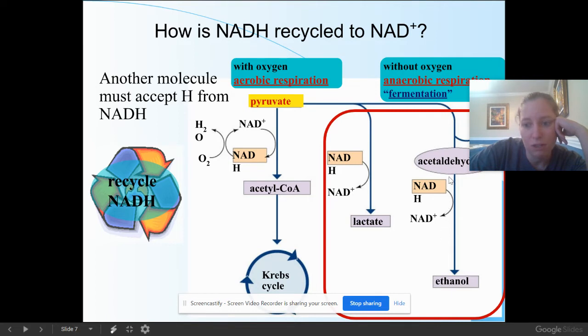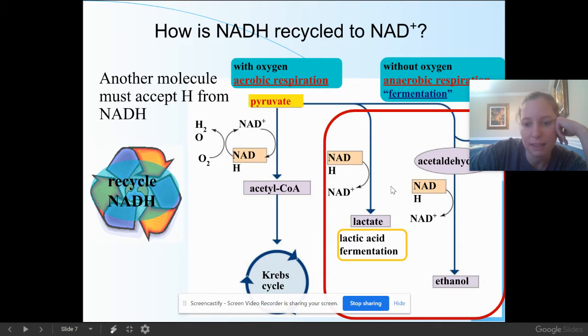Alcoholic fermentation is similar, so we end up adding the hydrogen back to the pyruvate product to make ethanol, and that again oxidizes the NADH back to NAD plus, and so we can then use that to continue glycolysis in the absence of oxygen.